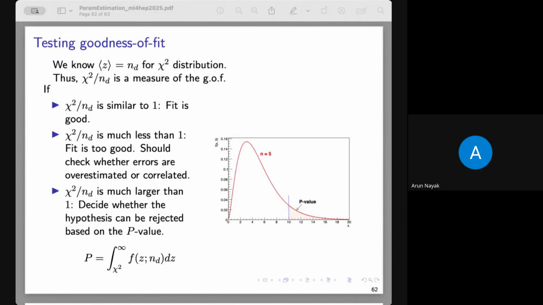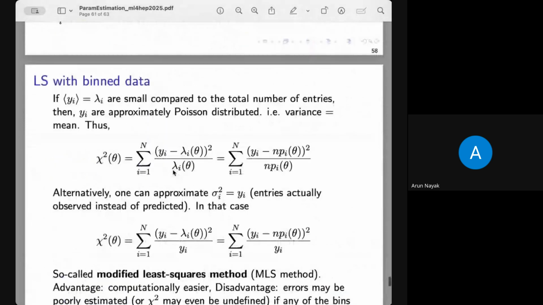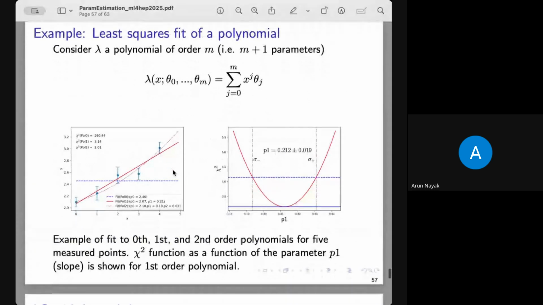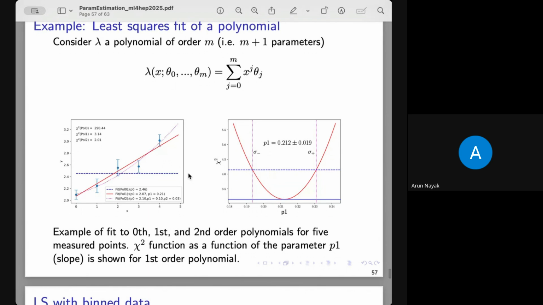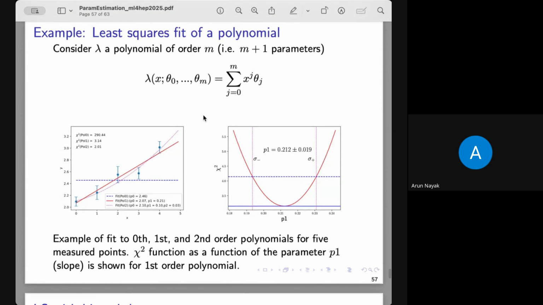Degrees of freedom. So the degrees of freedom is, when you have, say, here you have 5 points, or 5 measurements.